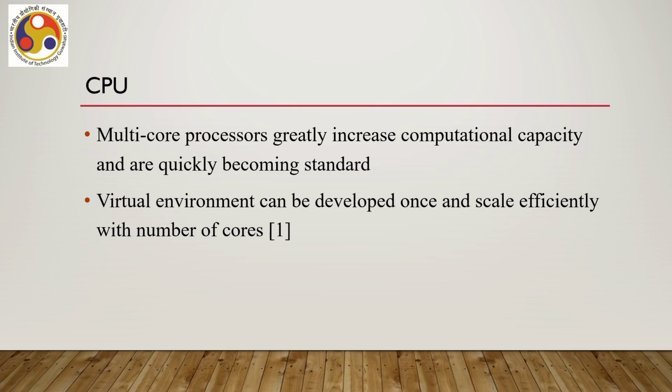However, multi-core processors can greatly increase computational capacity as compared to unicore processors. Nowadays, of course, by default all processors are multi-core, so they are quite powerful. However, GPU support is preferable.